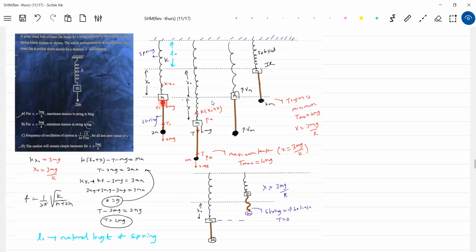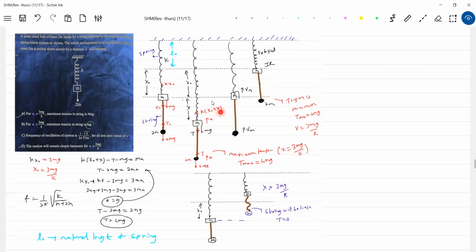Let me pull the block 2m by x. So there is a string, so however much 2m moves, that much m will move. So this is x here, and this also has moved by x. Then I'll release it. Earlier, the spring force was balancing the weight. Now the spring force is greater than the weight, so the system will accelerate.